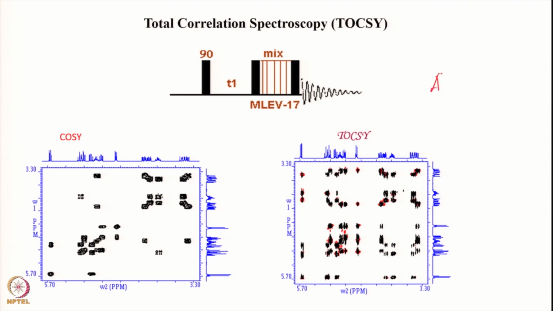That happens because of the following. Let me consider a system which is like this, A, M, X, Y and so on, a linear system. Okay. In the COSY spectrum I see this coupling, I see this coupling, separate cross peaks, and I also see this coupling. In the TOCSY spectrum what I see, there is a different color.